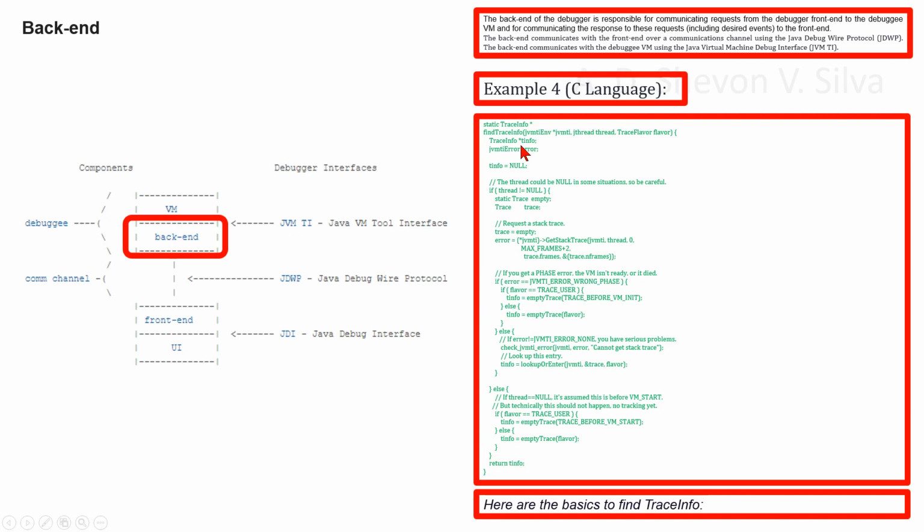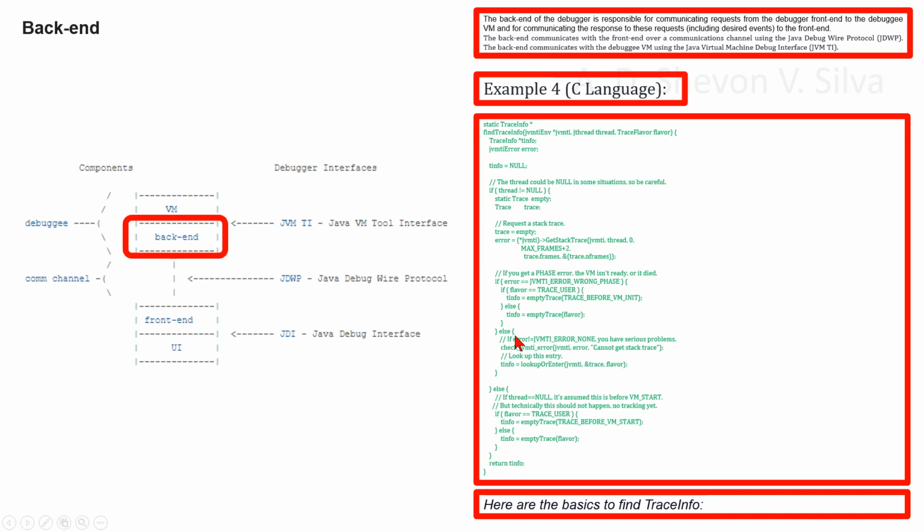Here are some basics to find trace info. If thread equals null, that usually means that the VM initialization has not yet occurred, so you cannot get a stack trace.